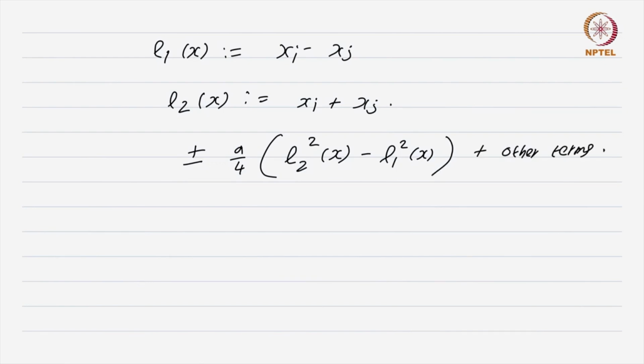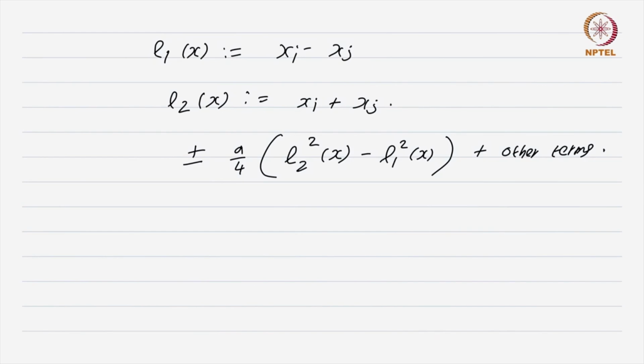L2 squared will be xi squared plus xj squared plus 2xi xj, and L1 squared will be xi squared plus xj squared minus 2xi xj. So when you subtract L1 squared from L2 squared, the square terms cancel off and you are left with plus 4xi xj. That's why I had to put an a by 4 outside. This is just elementary algebraic manipulation.